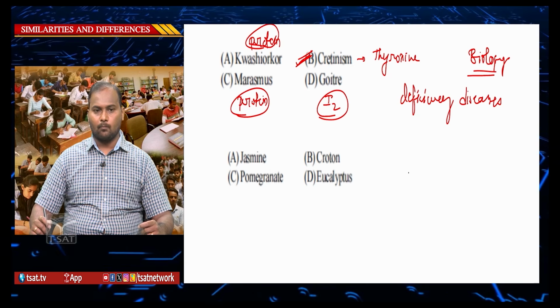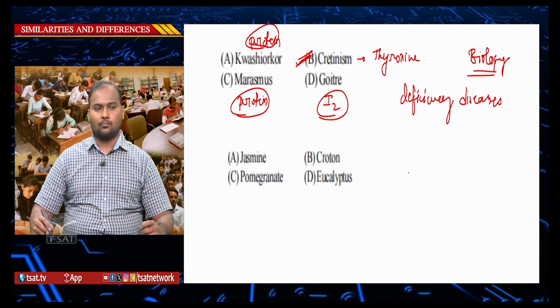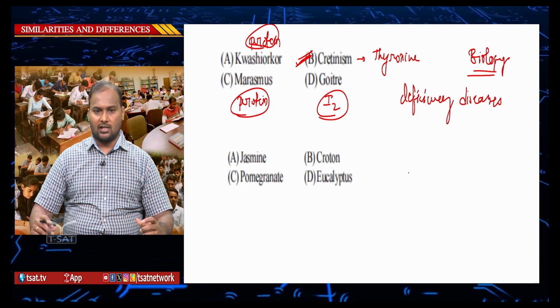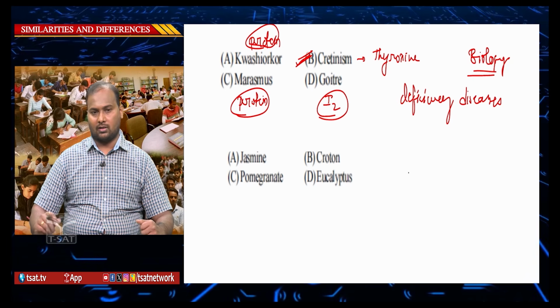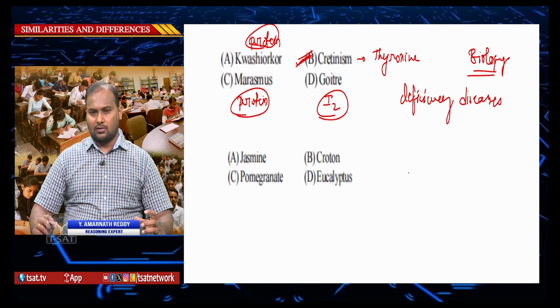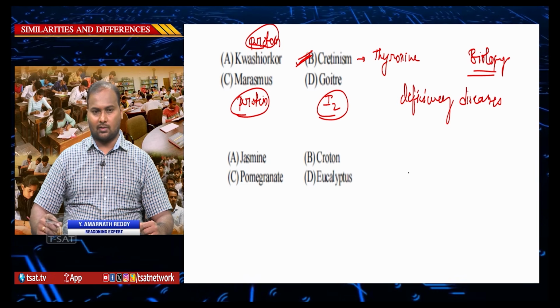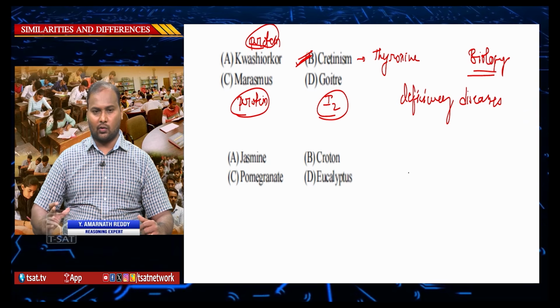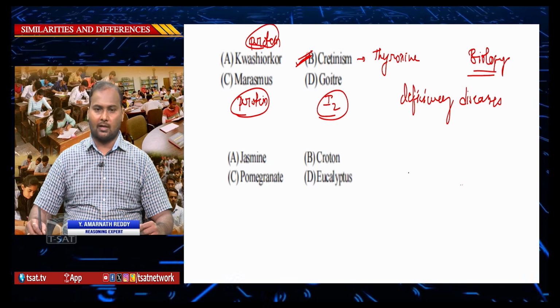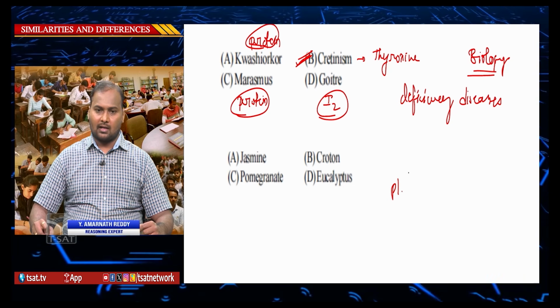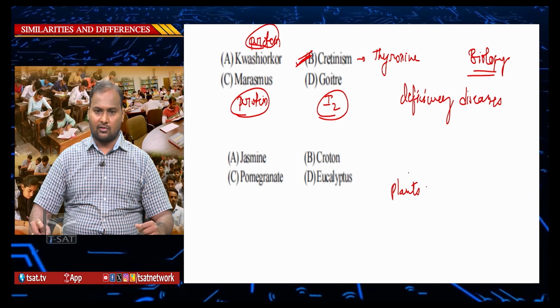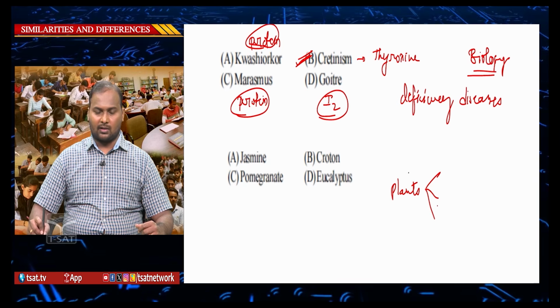నెక్స్ట్ క్వశ్చన్. If you see this question, jasmine, croton, pomegranate and eucalyptus. It is also related to some kind of biology only. అవన్నీ కొన్ని చెట్లు, డిఫరెంట్ టైప్స్ ఆఫ్ ప్లాంట్స్. ఇఫ్ యూ సీ ద క్లాసిఫికేషన్ ఆఫ్ ప్లాంట్స్, జనరల్లీ దెర్ ఆర్ 3 types of classification.